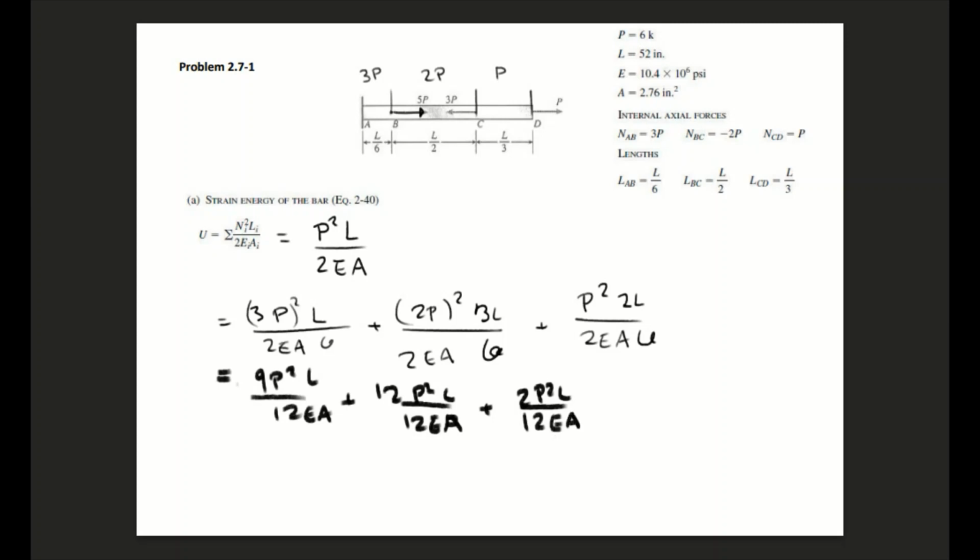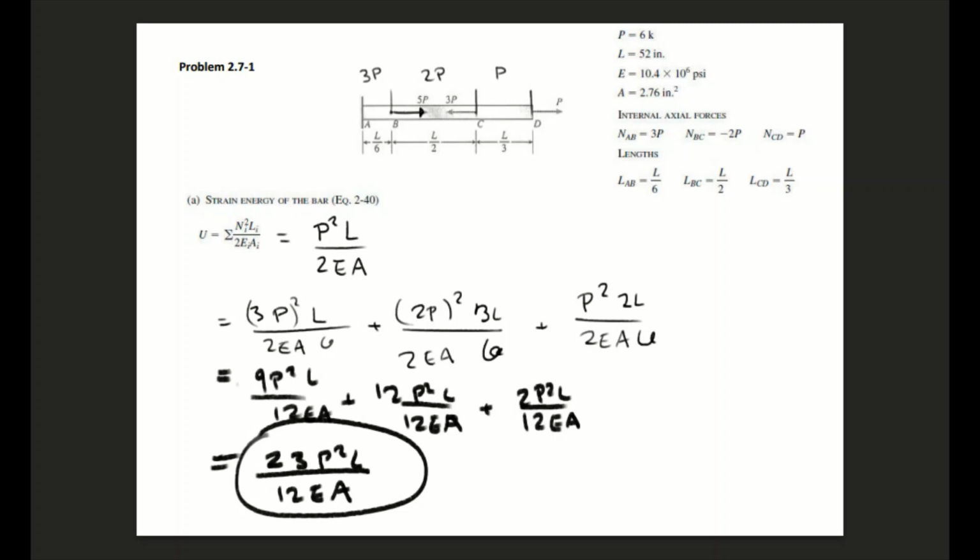Obviously, there are lots of ways of simplifying this, but when you add them all together with the common denominators, you get 23P squared L over 12EA. Okay, and that's what they're looking for in this first part.